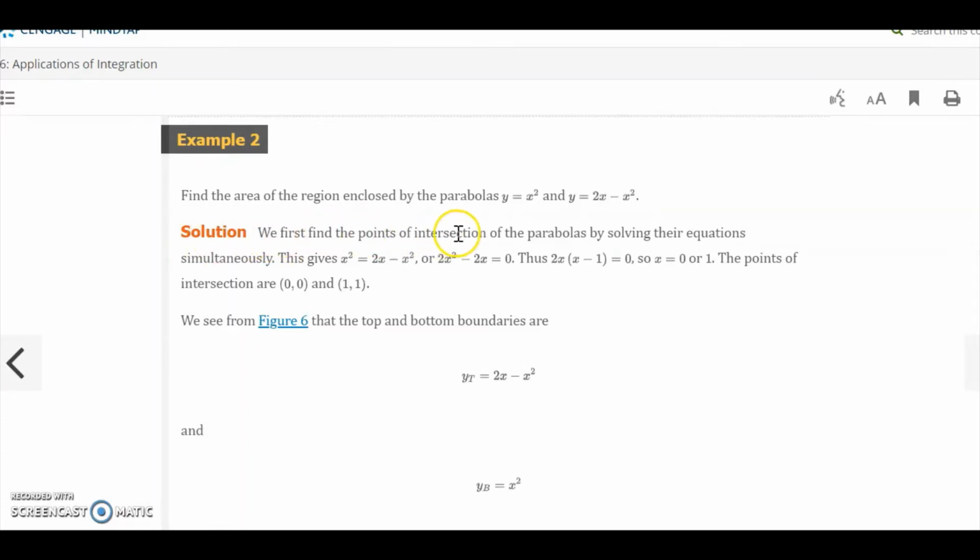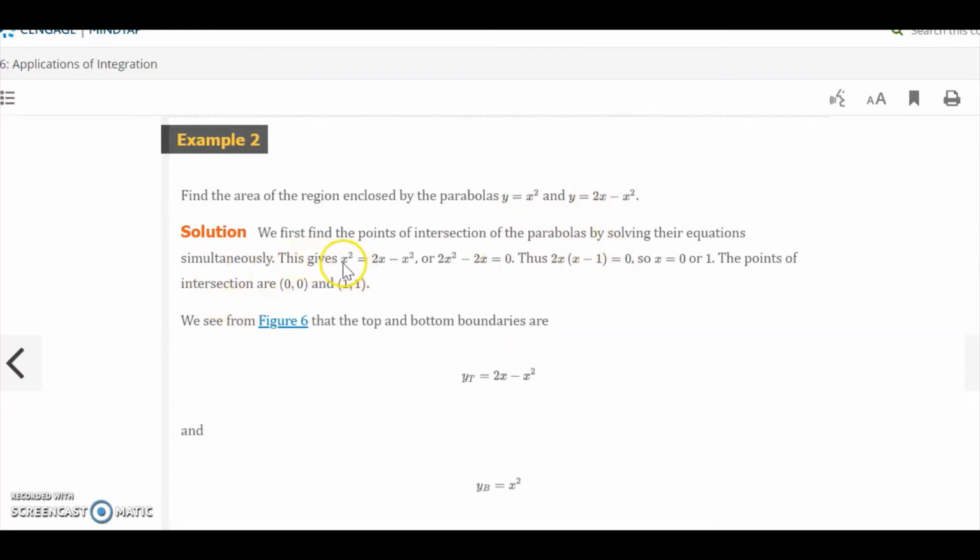So we first find the points of intersection. Well, this example is a little more involved because you have to find the intersection point. So the intersection point, remember, is the point in which these two functions are going to be equivalent to each other because they're going to have the same values at those points. So if we want to find the intersection points, all we have to do is equate these two functions.